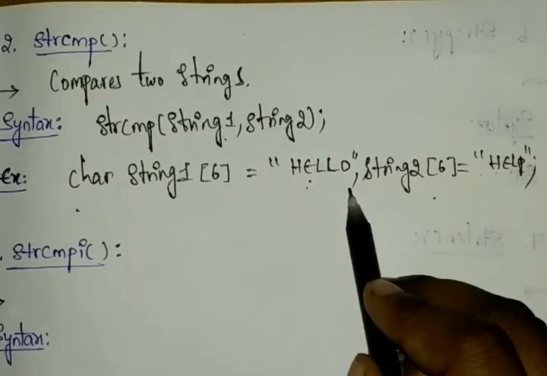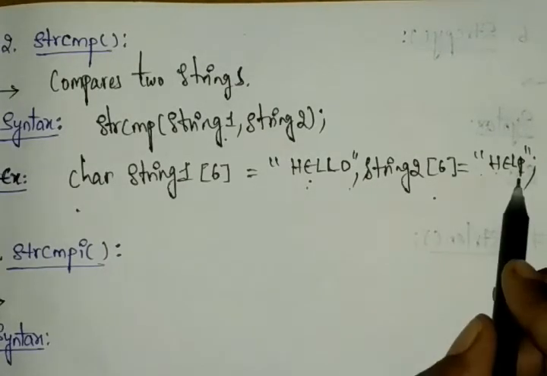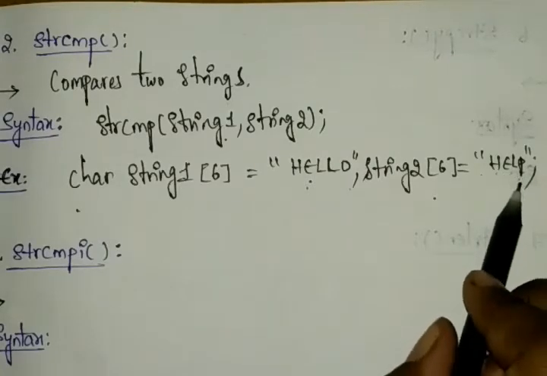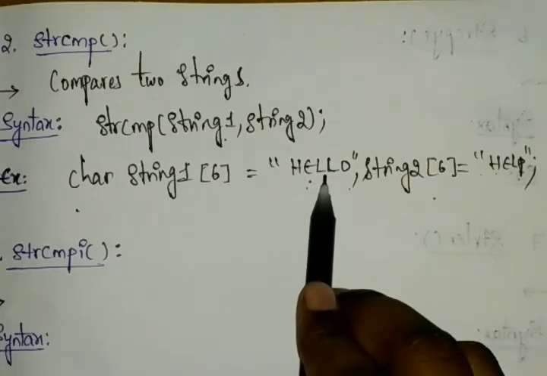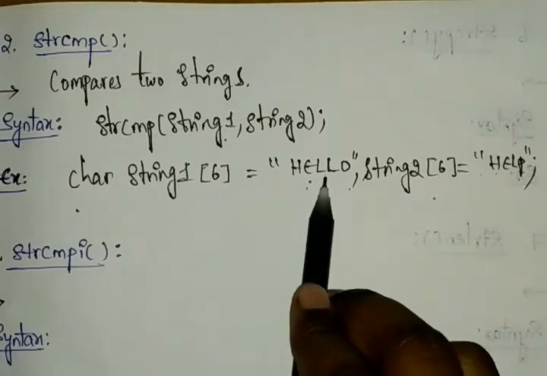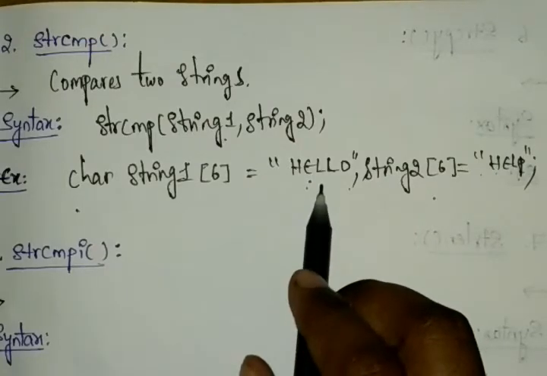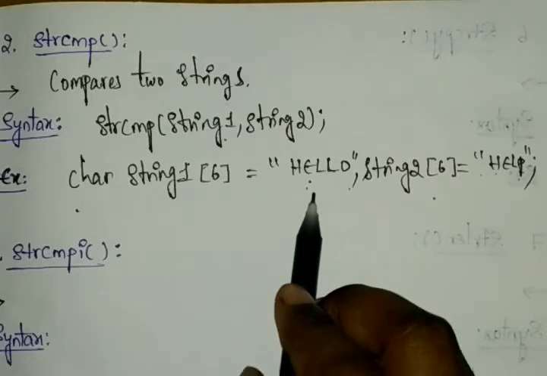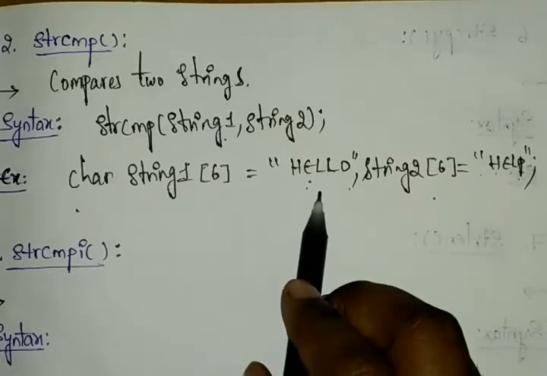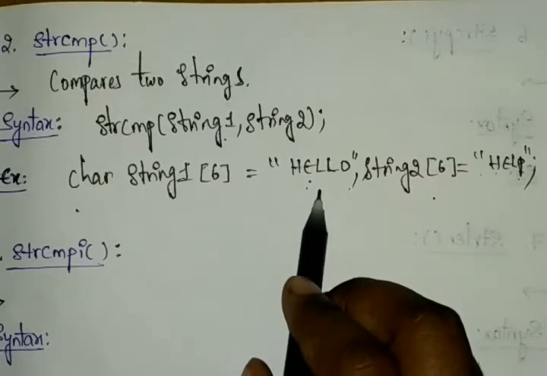Compare these two: which one is the highest? P is the highest. Compared to P, O is -4. Once you execute this, since string 1 and string 2 are not equal, it returns 4 as the value.